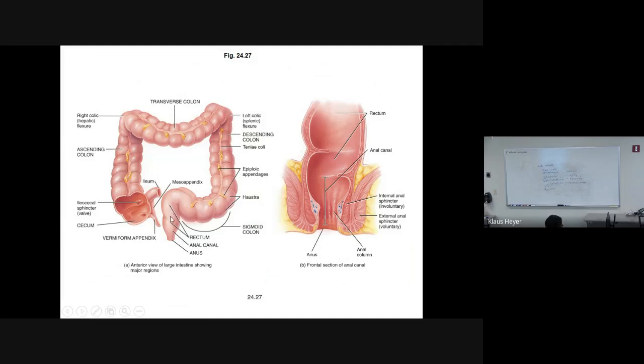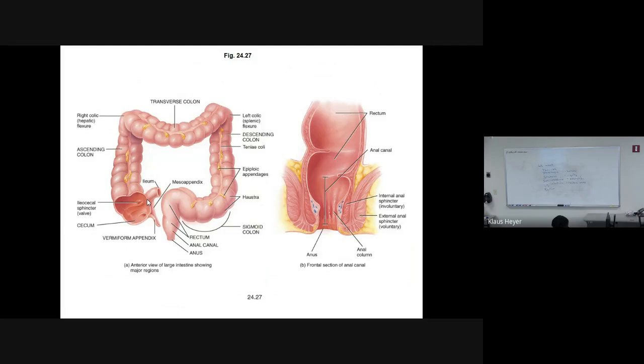You have some sphincters here. You've got like 2 more. I don't really care that you know it. This one I'd like you to know. It's already labeled here: ileocecal, named after the ilium and the cecum. You have the cardiac sphincter that forms a boundary between the esophagus and the stomach.